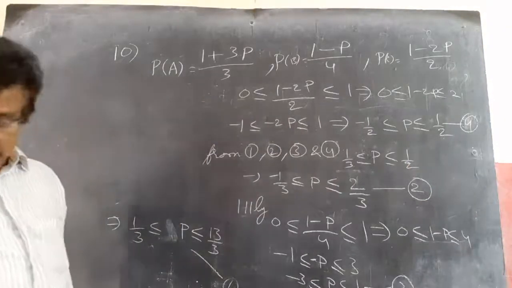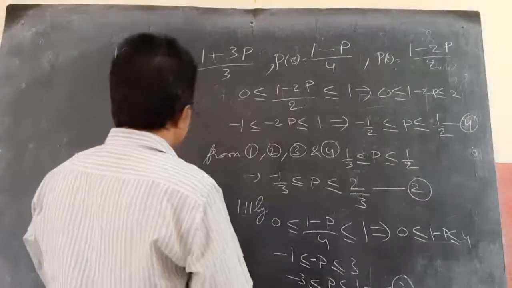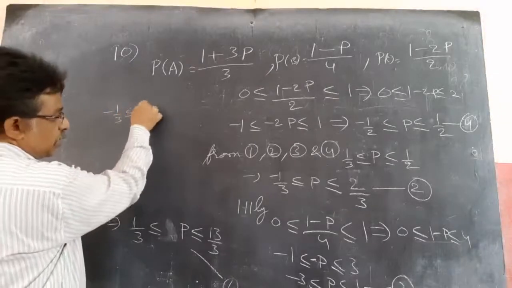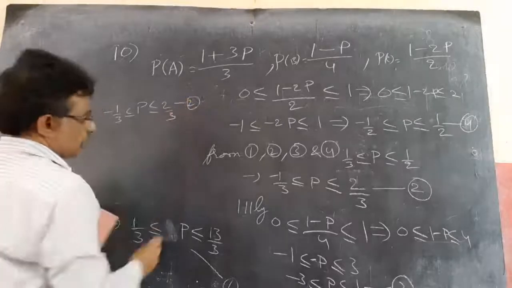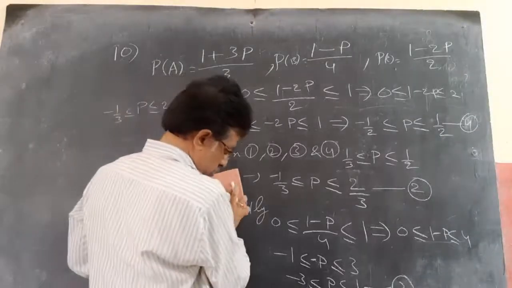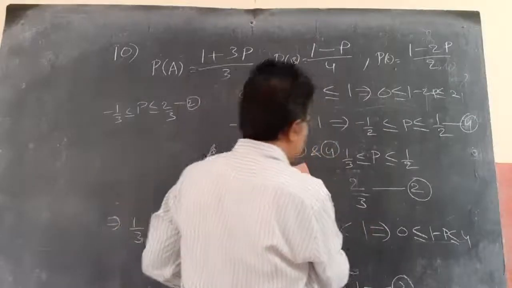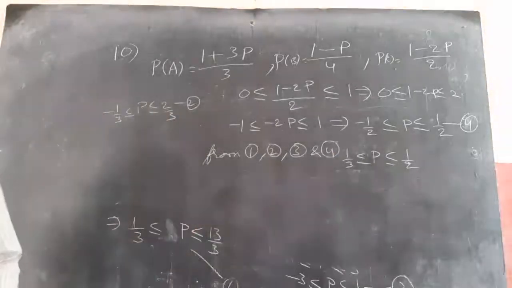So how to solve the 4 equations? Minus 1 by 3 less than or equal to p less than or equal to 2 by 3 is equation 2. You can conclude from the number line.